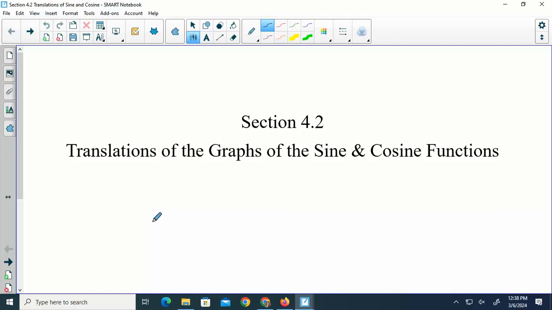So we are going to continue talking about sine and cosine, but we're going to start with some other translations of these graphs. Just like when we did transformations in college algebra. We know we can stretch and shrink, we can flip our graphs, we already did that, but can't we also move them left, right, up, and down? So that's the next piece.